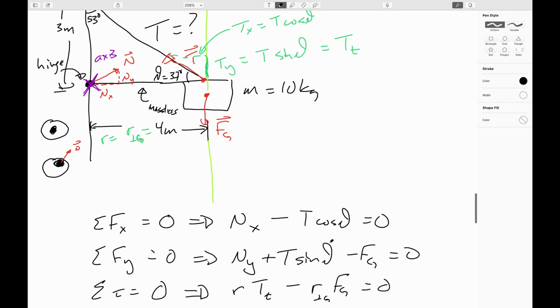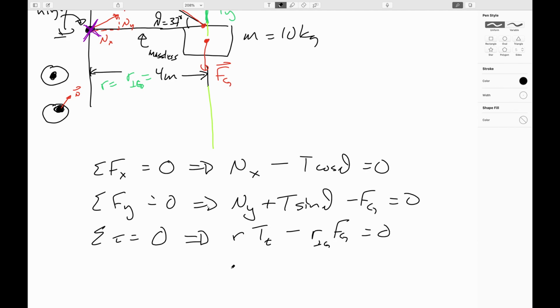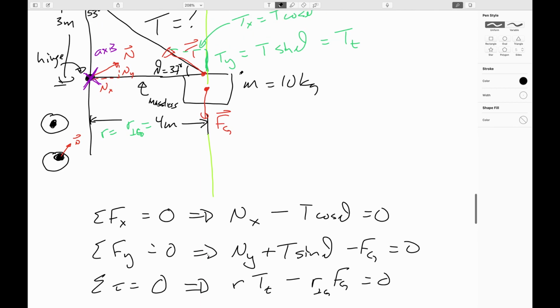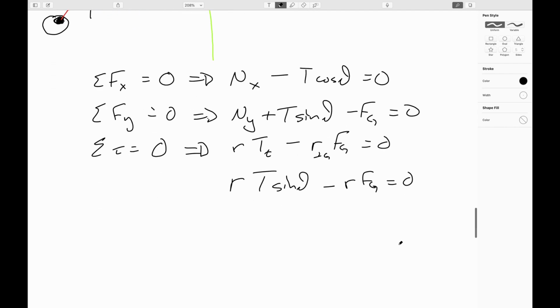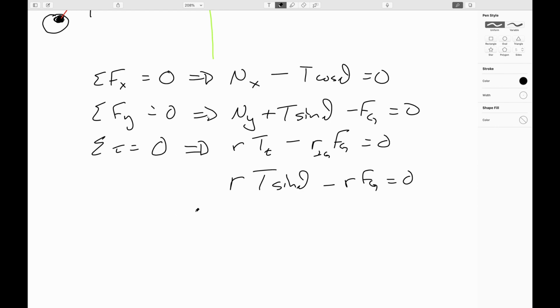Now it turns out these two r's are the same. So r, and T tangential is the same thing as Ty, which is T sine theta. So R T sine theta minus R Fg equals 0. Hey, this is awesome. R T sine theta equals R times the force of gravity, which is mg, and the r's cancel. That's cool.